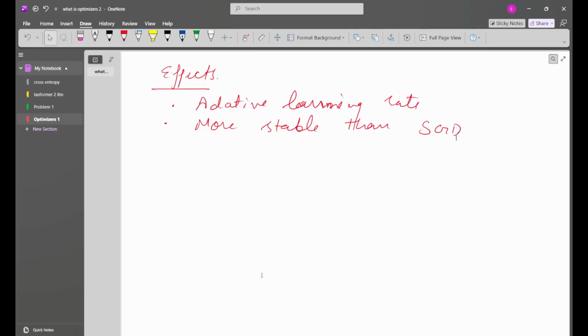For noisy updates, RMSprop helps to make stable gradients, stable updates, and for speed, controlling the speed. SGD was too fast because every time it is updating weights and it forgets the direction. So momentum controls the speed of SGD, and RMSprop gives more stability to update the gradients.